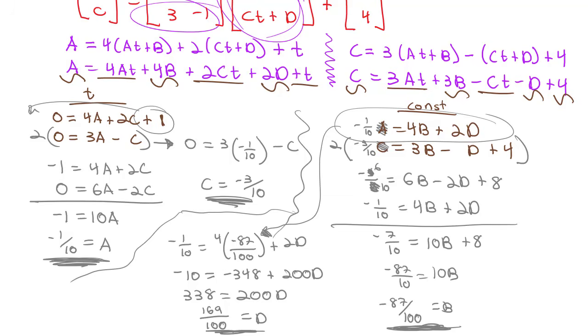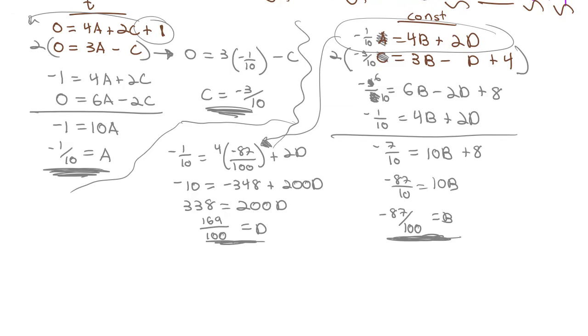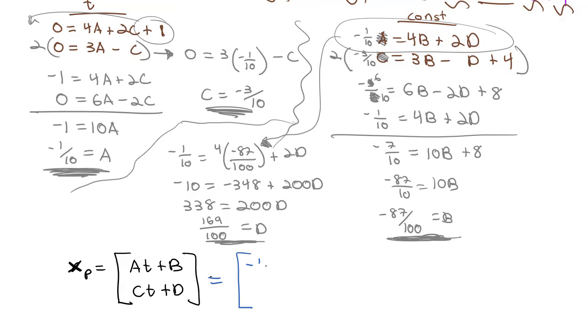All right. So let's review. I said x particular was equal to a times t plus b and c times t plus d. Well, now that we have each of those values, we can say x particular is equal to a, which is negative 1/10 t, plus b, which is negative 87 over 100.